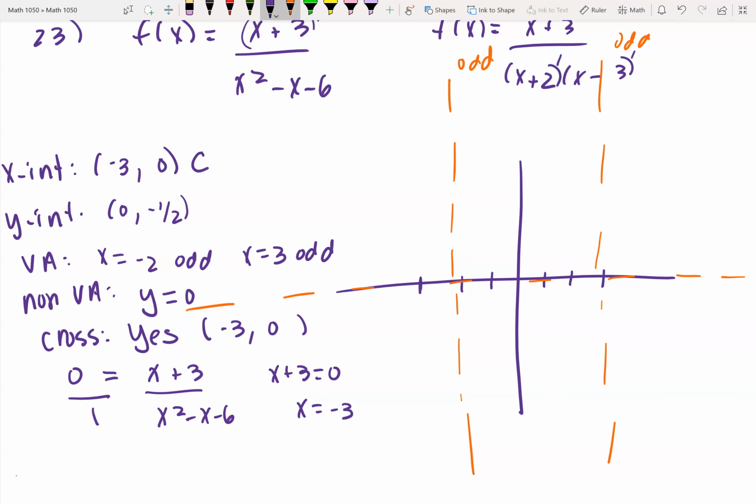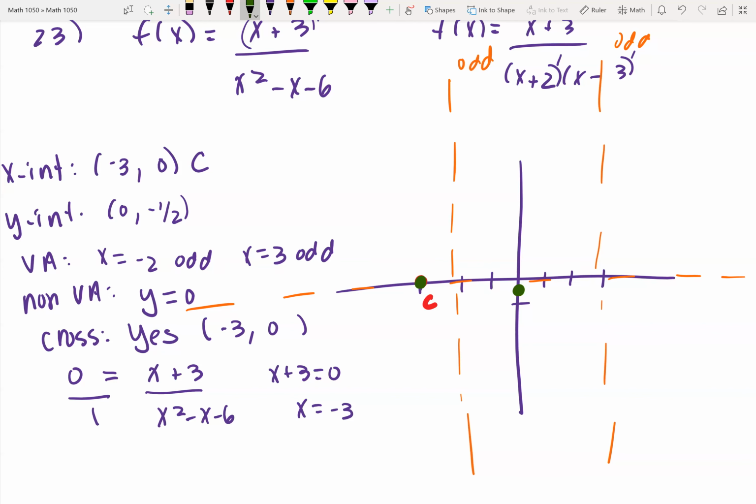Okay, so negative 3, 0 is the x-intercept. That's where it's crossing my non-vertical, and it crosses right there. The y-intercept is 0, negative 1/2, so it's about right there. And that's it.